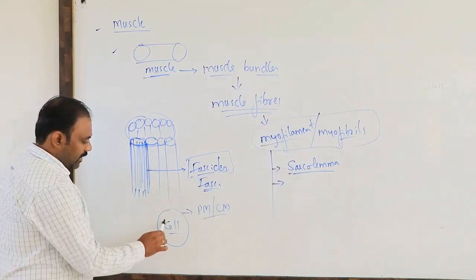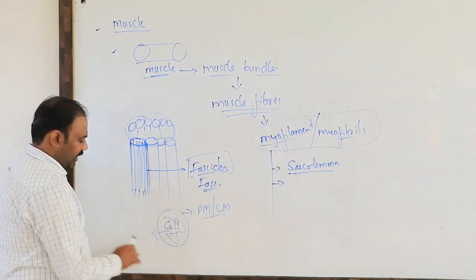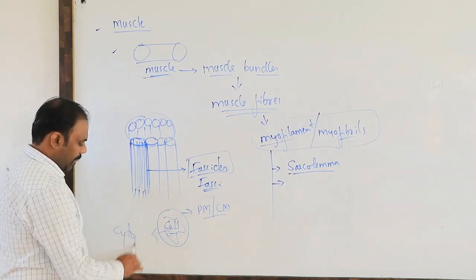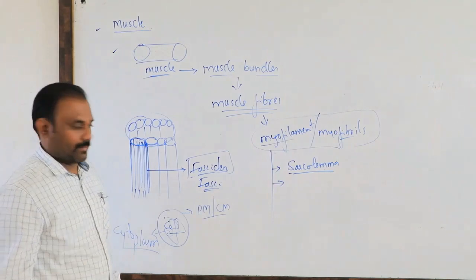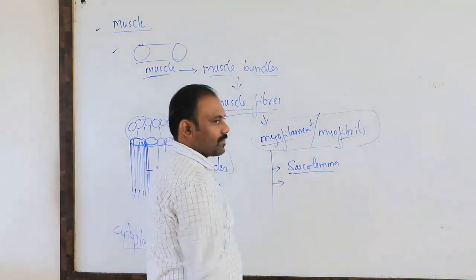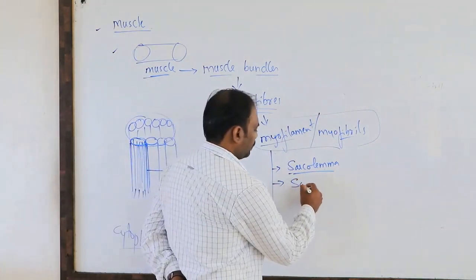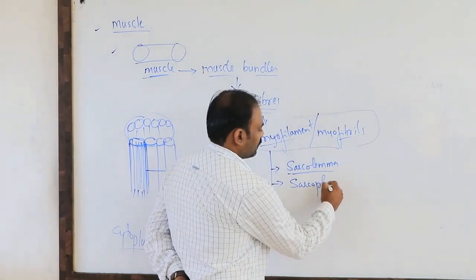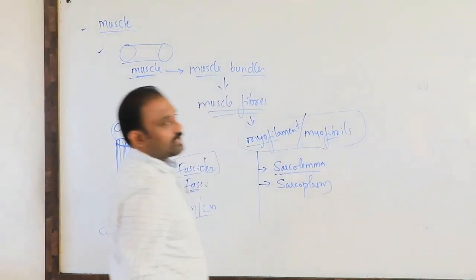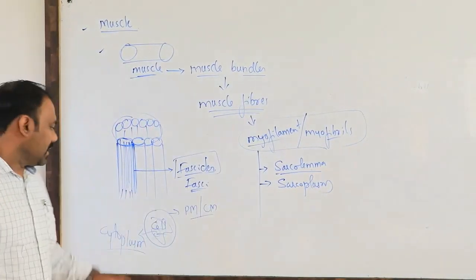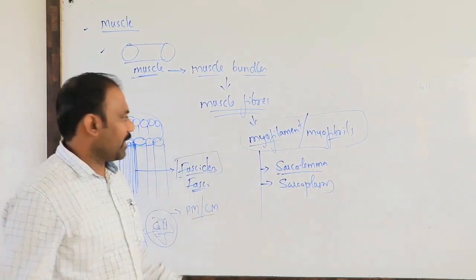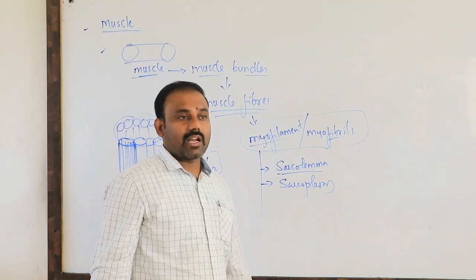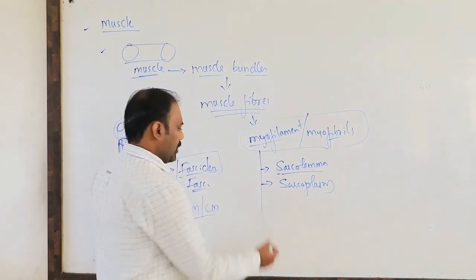And within the cell we have the liquid part, called the cytoplasm. Here I can compare the cytoplasm with the sarcoplasm. Simple word. In a cell it is the cytoplasm; in the case of myofilaments or myofibrils, we call it the sarcoplasm.